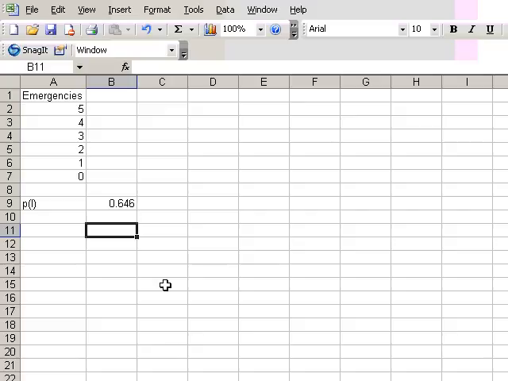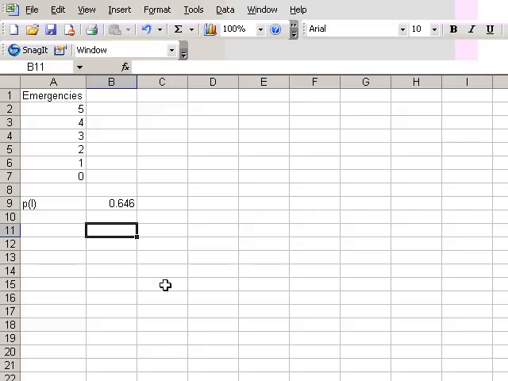In order to find those probabilities, we're going to use the formulas given on page 157 as 5.7, on 154 as 5.6, and finally on 157 as 5.8.